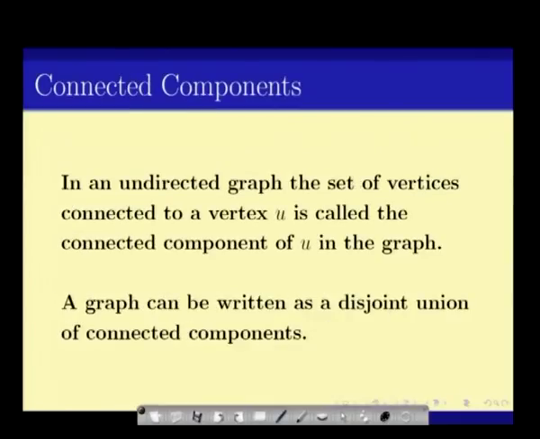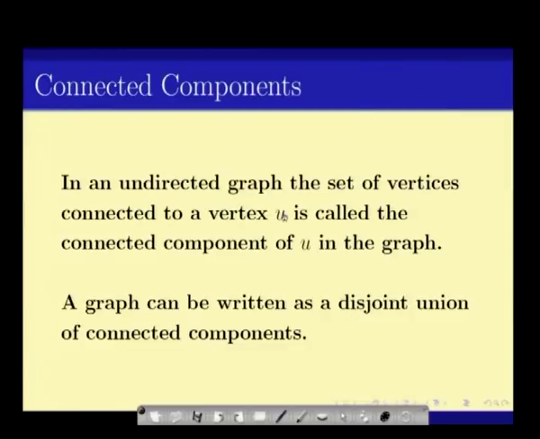Now, let us look at a graph which is not connected, and look at all the vertices that are connected to U. So, say U is a vertex and consider all the other vertices that are connected to it.